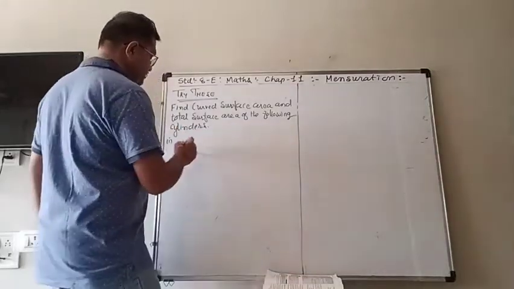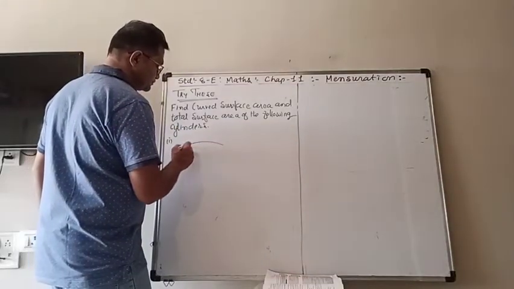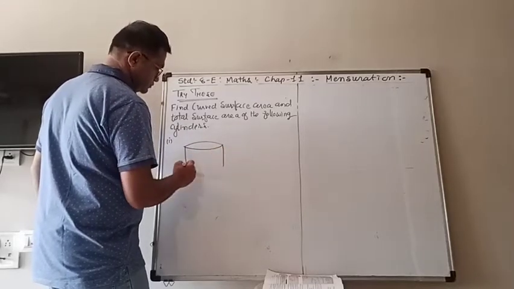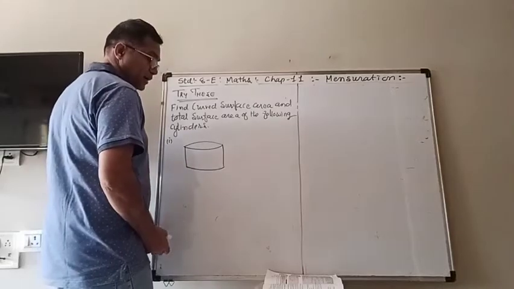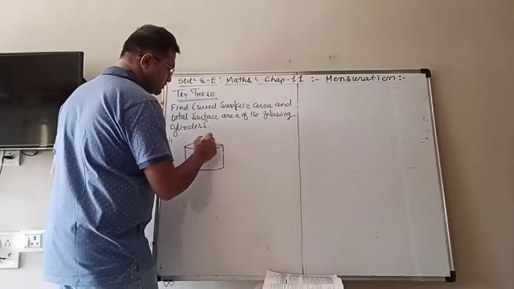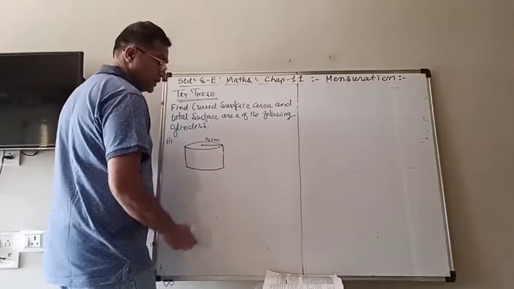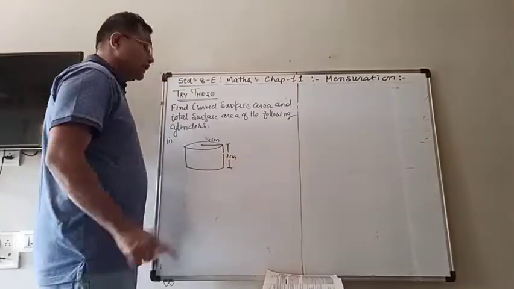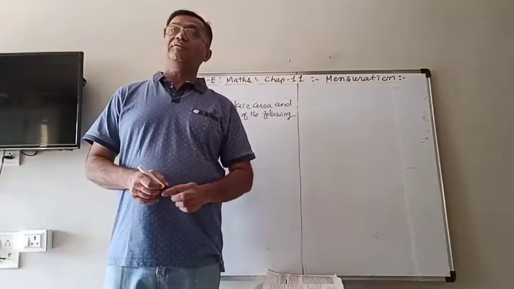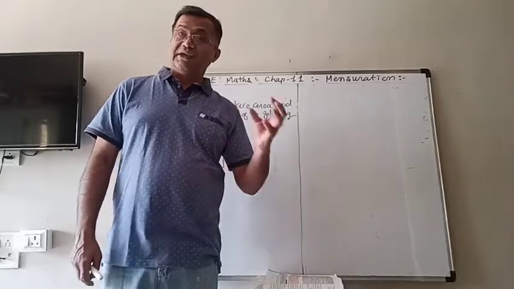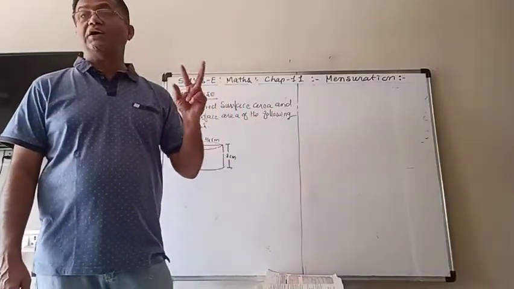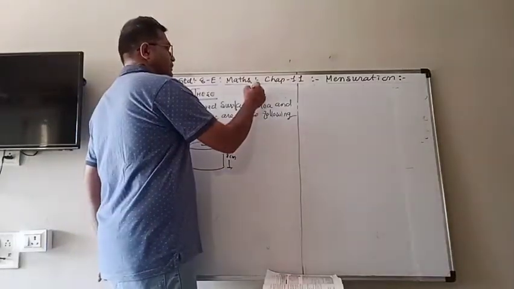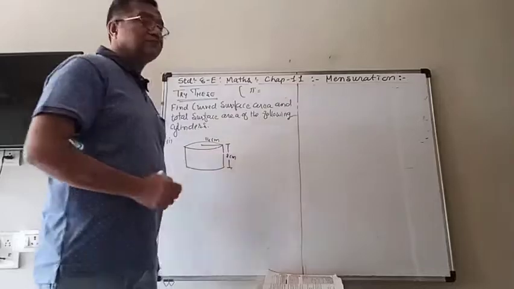First of all, the figure is given like that. Here the radius is given as 14 centimeter and the height is given as 8 centimeter. One thing I will remind you: in the formula we use the symbol pi.